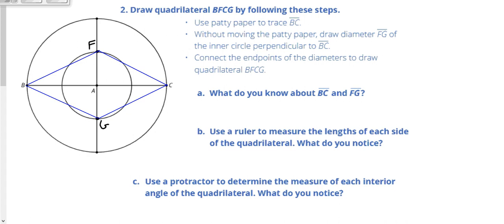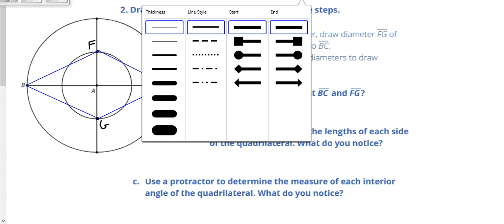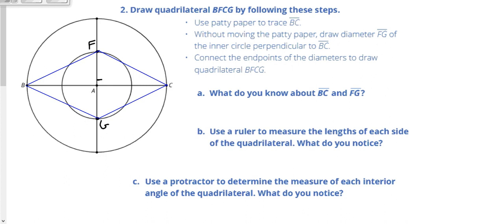Now they tell us that FG is perpendicular to BC. So to answer part A, what do we know about BC and FG? Well, we know that BC is perpendicular to FG.